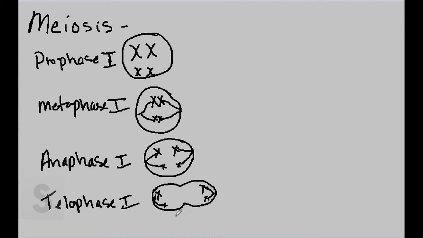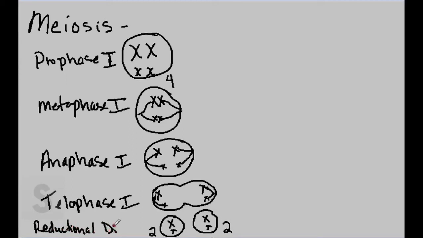And what you end up with in your daughter cells, after you undergo cytokinesis, is half that number. So we started out with 4, and we ended up with 2 in each of our daughter cells. This particular stage is known as reductional division, because you reduce the number of chromosomes you have within each of your cells.